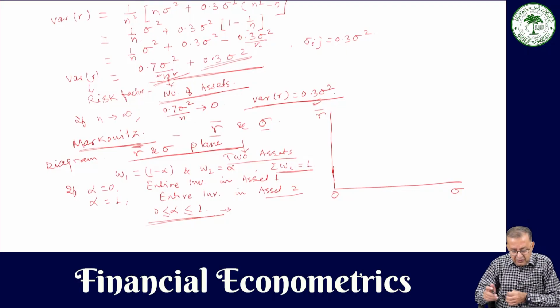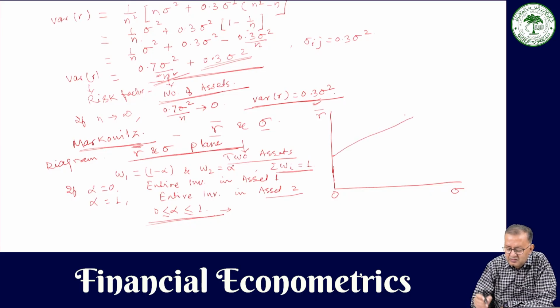So if we try to draw the portfolio diagram, some portion is dotted. I'm taking the dotted portion here. This is for short selling where wi becomes negative.